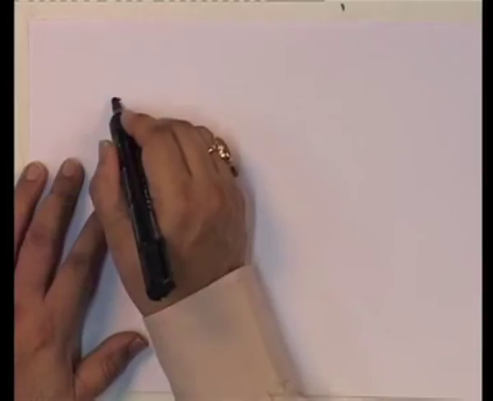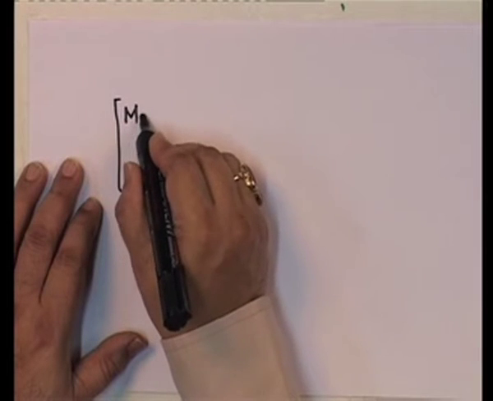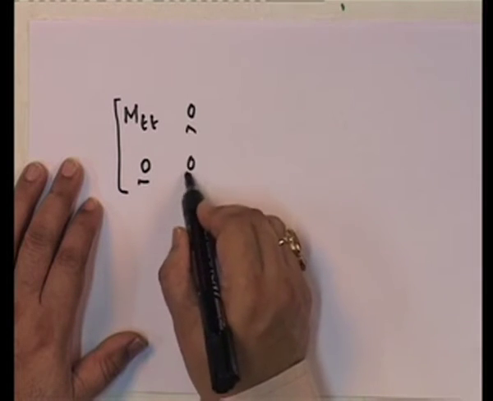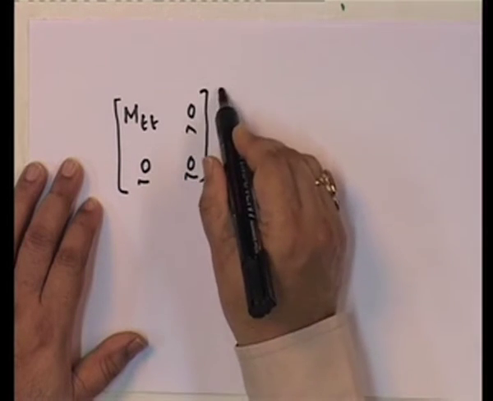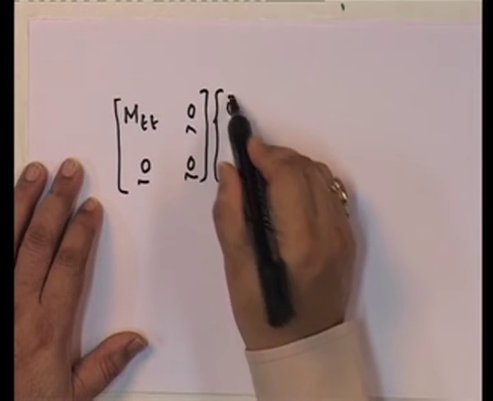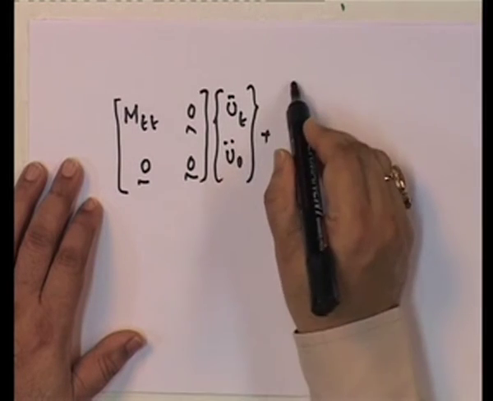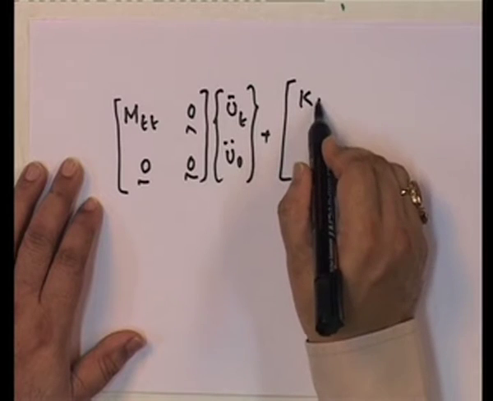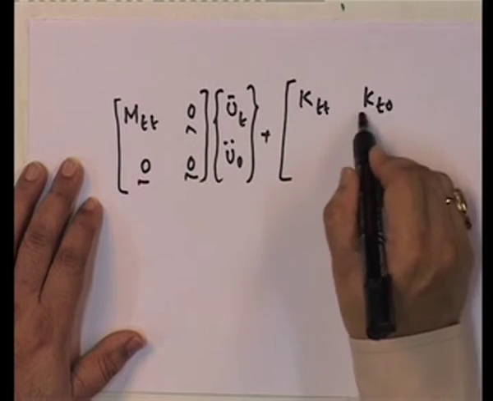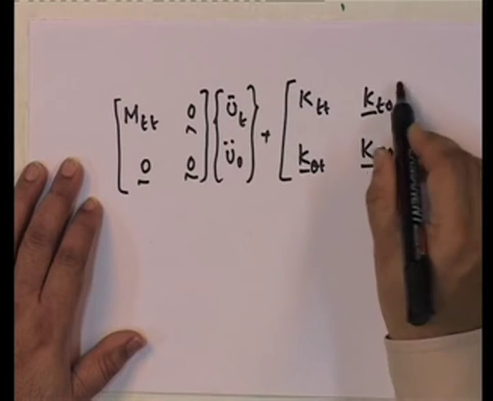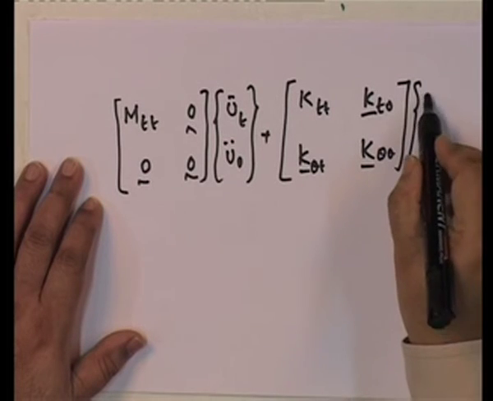So, if m t t is the only thing that exists, what do we have? Then this equation becomes like this: m t t, 0, 0, 0, into V t, V theta, plus, now k t t and k t theta, these are non-zero, because these can only be obtained through the consistent formulation.